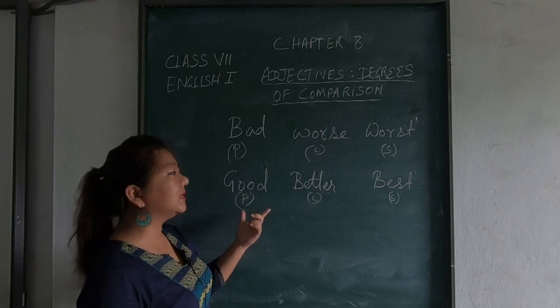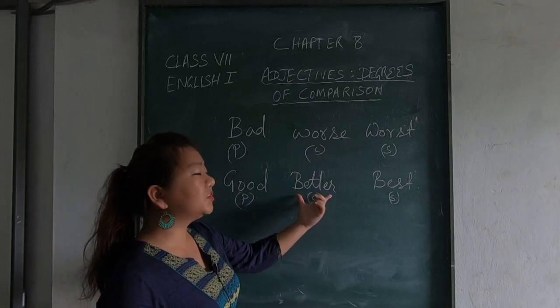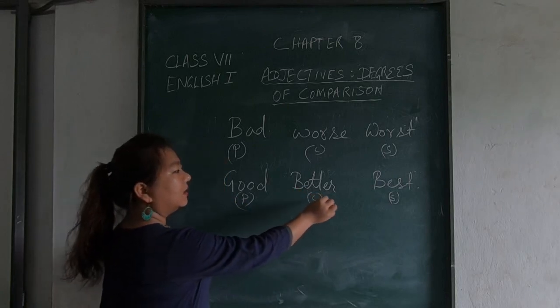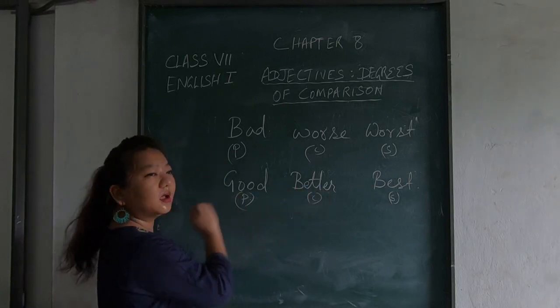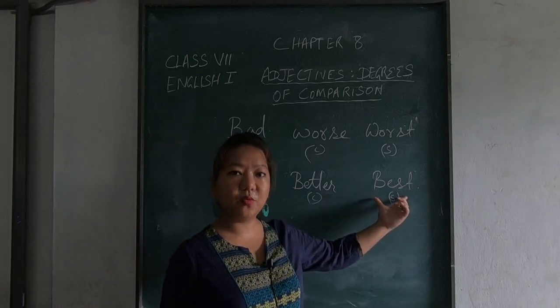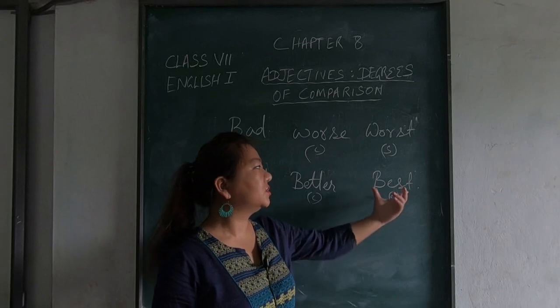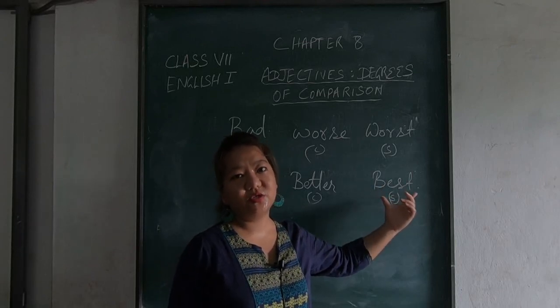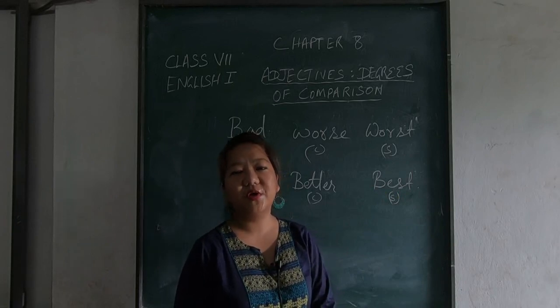When we want to use the word better, we need to use 2 nouns or pronouns. Rima is better than Rama. And for superlative best, which means that it's among all, we say Ashok is the best student in the class. So this is all about degrees of comparison.